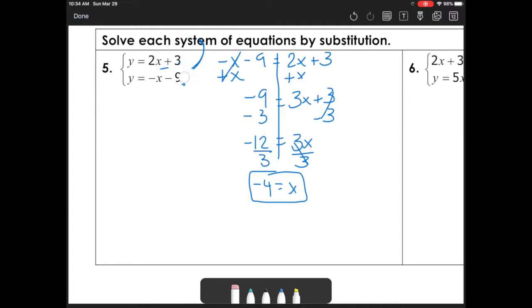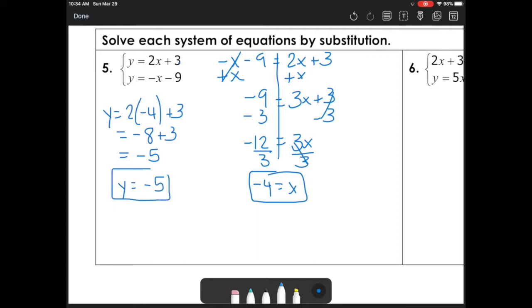I think I can go to either one, so I'll go to the first one. That gives me -8 plus 3. That gives me -5. So my solution is -4, -5.